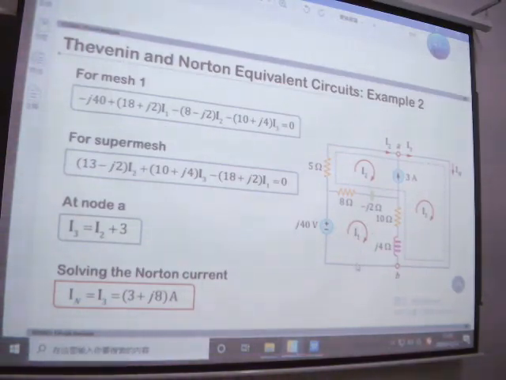For mesh 1, we ignore this one and start from here: I1 minus I2 times 8 minus 3J, because they are on the same branch. I1 minus I2 times 8 minus 2J.